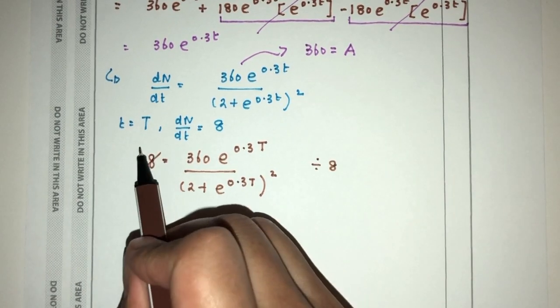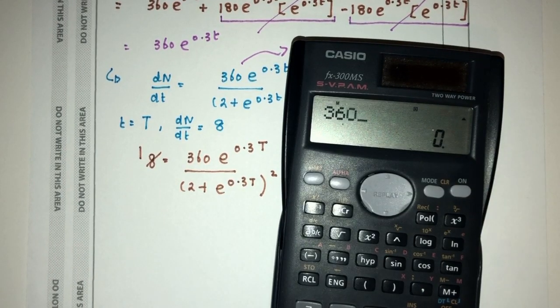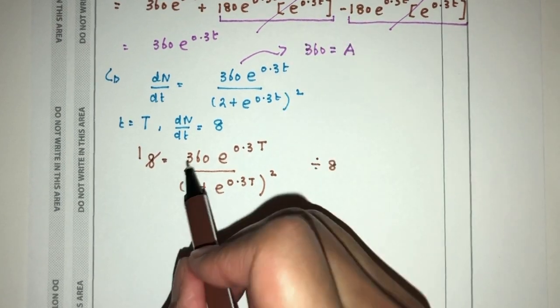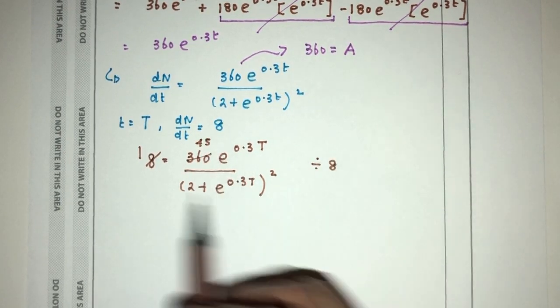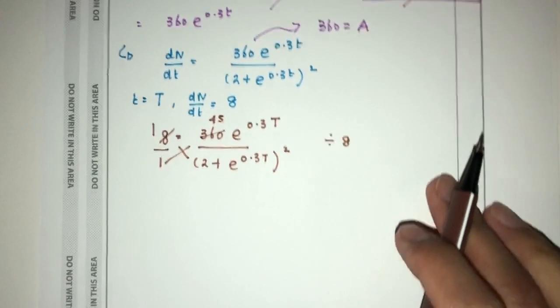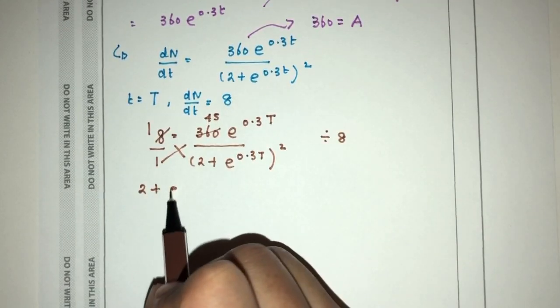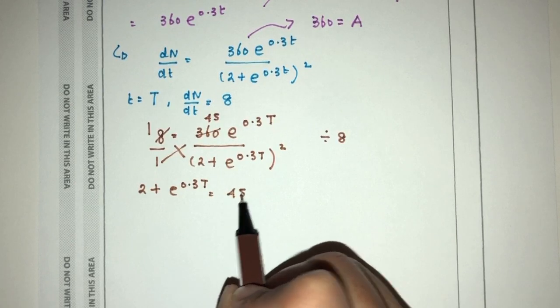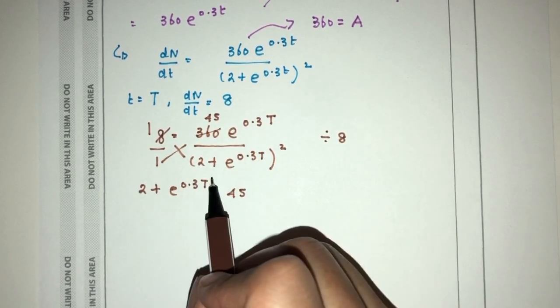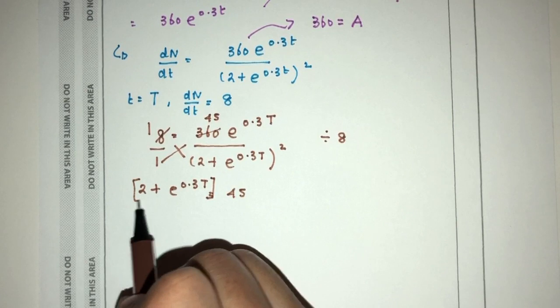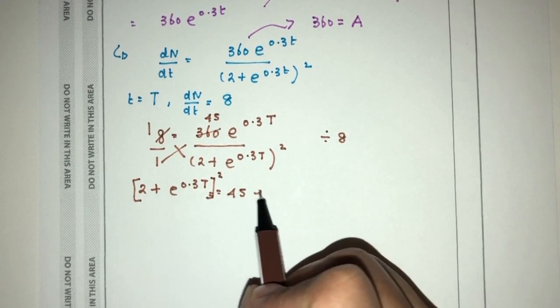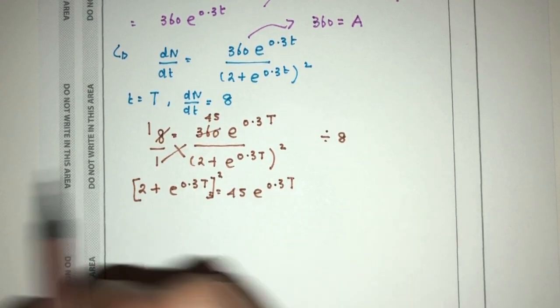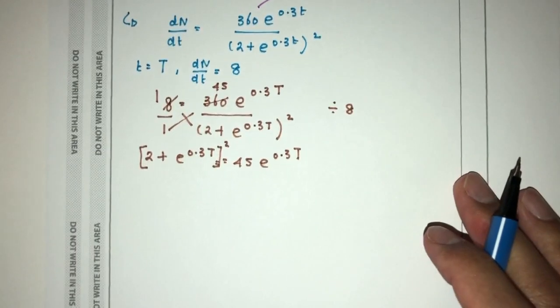That will become 1, and 360 divided by 8 will be 45, and then we can just cross multiply. So you have 2 plus exponential 0.3t, square, I forgot the square, apologize, is equal to 45 exponential 0.3t.